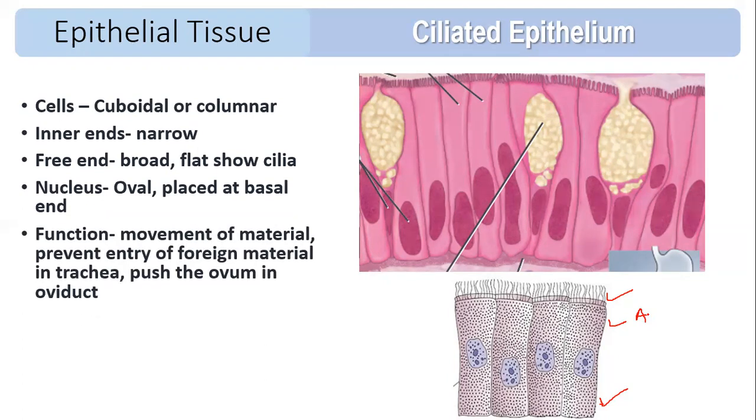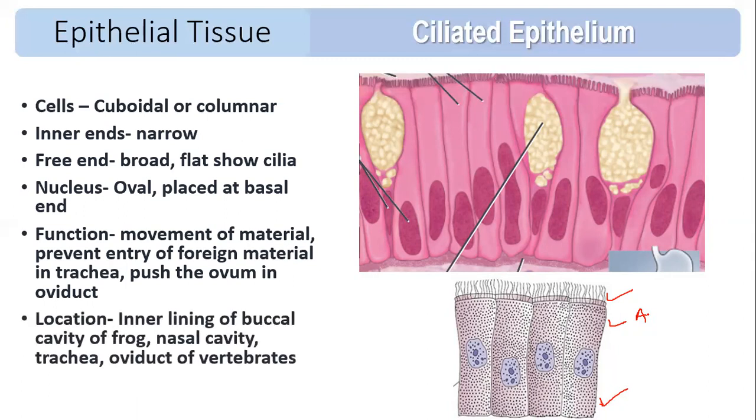The function is movement of material, preventing the entry of foreign material into the trachea, and pushing the ovum in the oviduct. So where is it present? In the inner lining of the buccal cavity of the frog, and the nasal cavity, trachea, and oviduct of vertebrates. So that is all about ciliated epithelium.